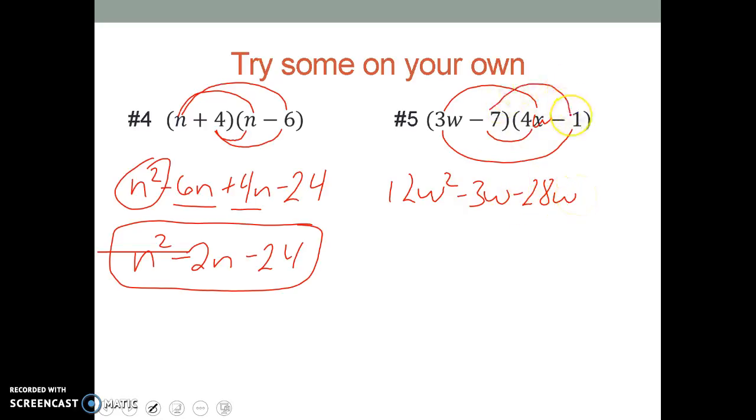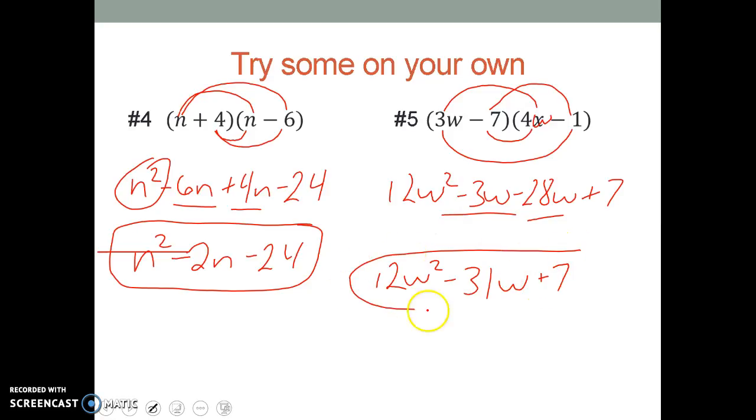And then my last terms, negative 7 times negative 1 is positive 7. So I'm going to combine my like terms. I have the 12w squared. Negative 3w's and negative 28w's is negative 31w's. And then plus 7. And so this is my final answer for number 5.